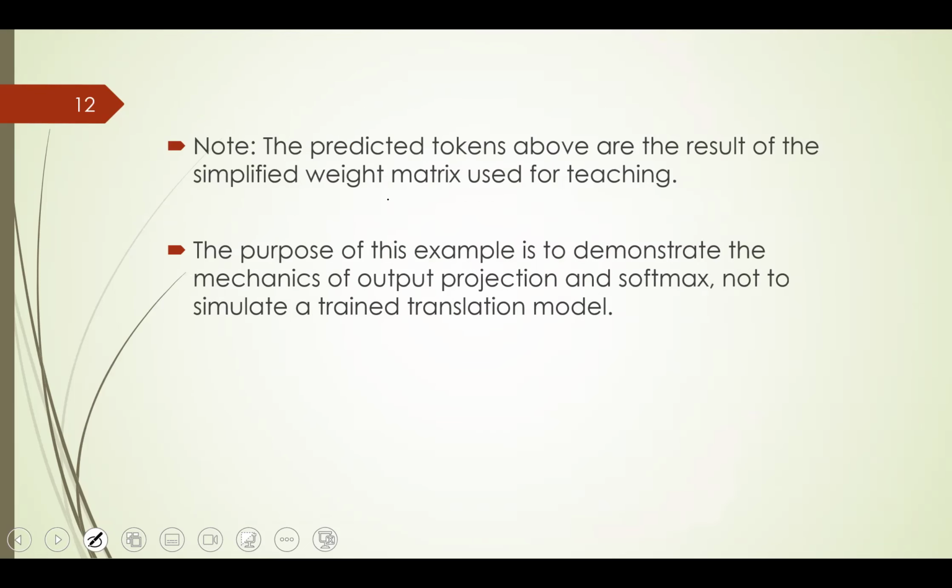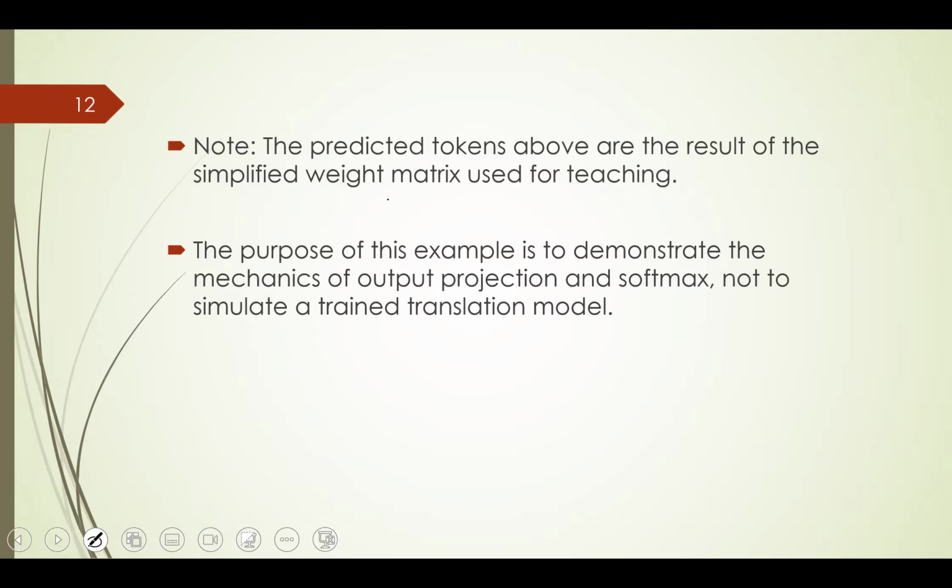A short note: this is for learning purposes. We took simplified weight matrices that do not represent actual training, so the predicted token wouldn't be an actual result.